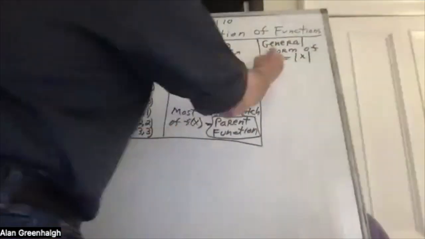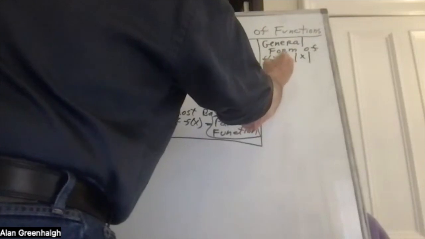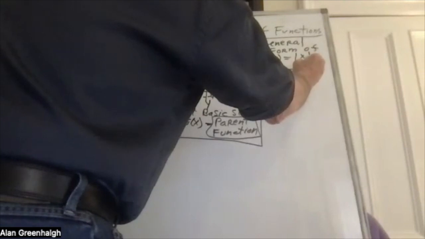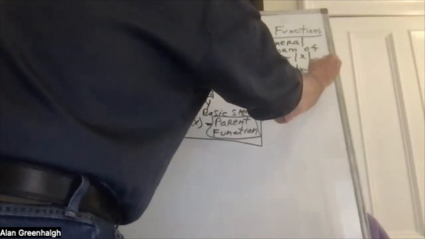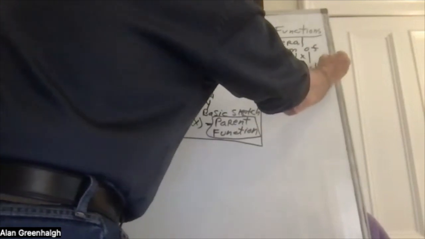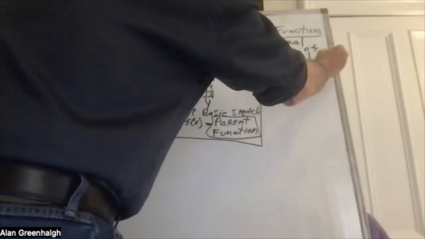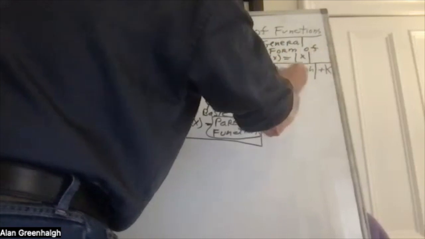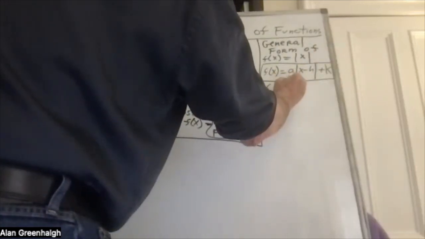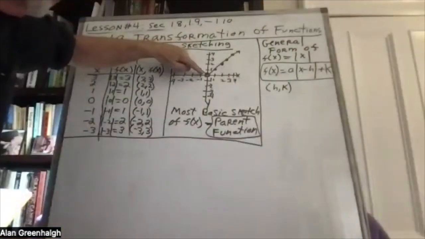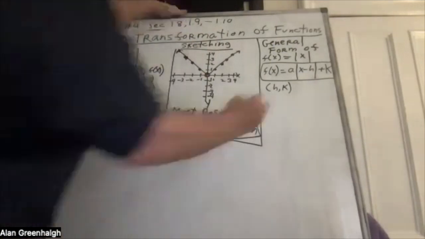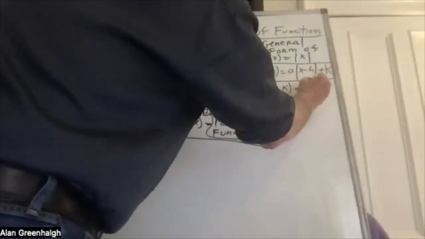This is what it's going to look like: f of x is equal to a times the absolute value of x minus h, plus k, where h comma k is always going to be where the two lines will intersect, the vertex.